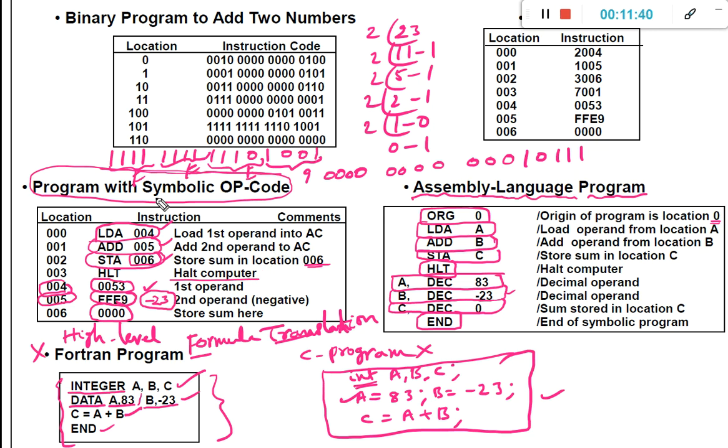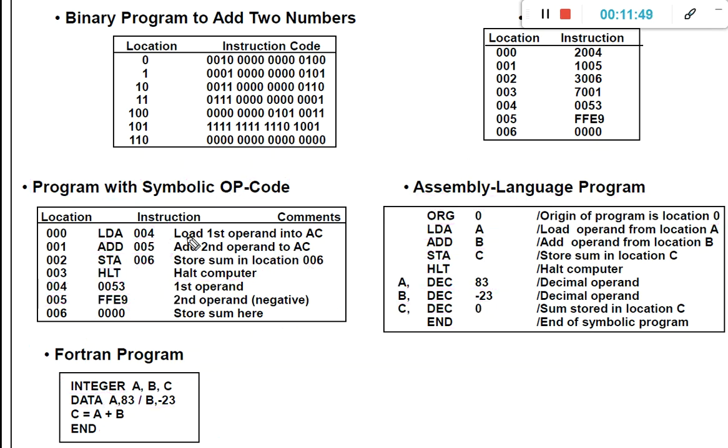This is the code in a program with symbolic operation code. What is meant by symbolic operation code is we are going to use the operation code as well as the symbol for the particular instruction.